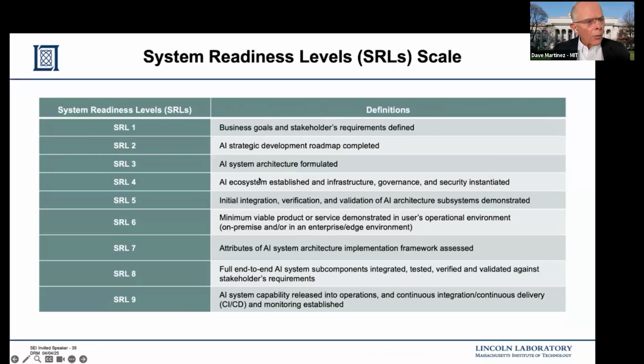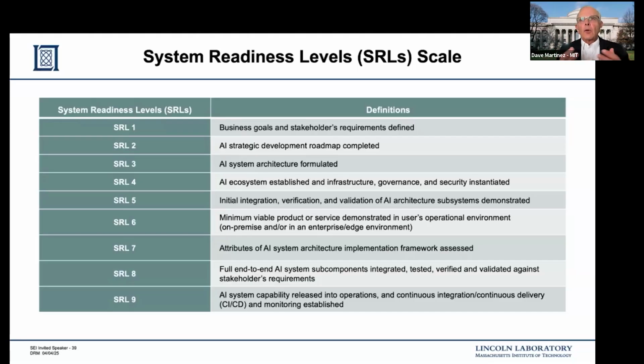So we put forward, and it's described in the book, a set of system readiness levels. It's a little bit of a take from the NASA technology readiness levels, but when I think of technology readiness levels, the descriptions under the TRLs are more about the boards and how they come together, and so forth. For this purpose, I'm interested at the systems level.